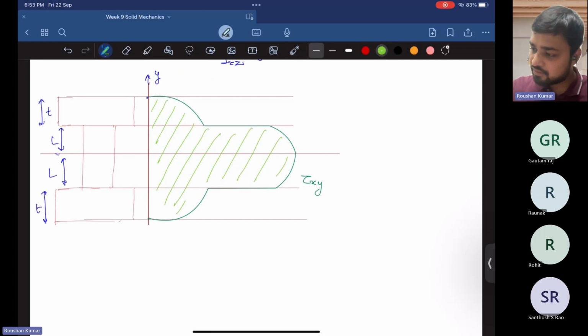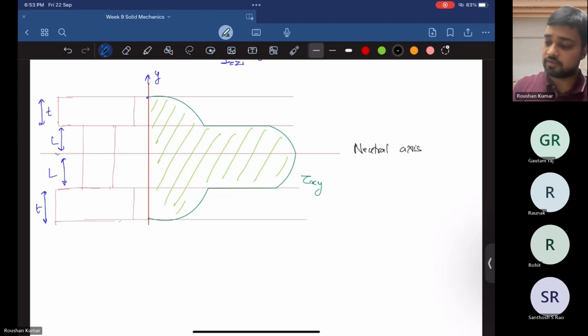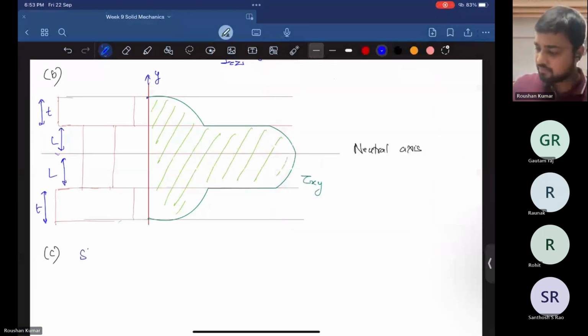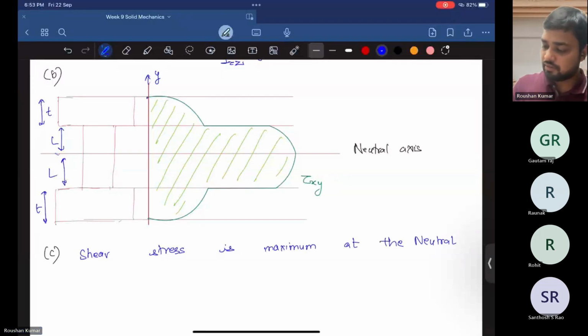So we can write here that this is part C of the question: shear stress is maximum at the neutral axis.